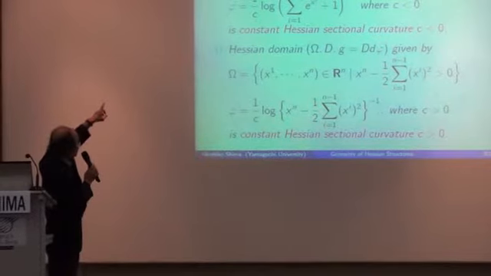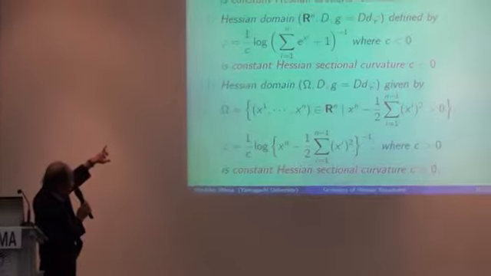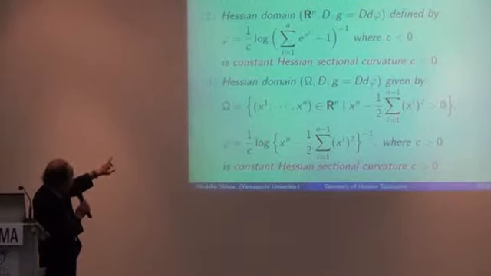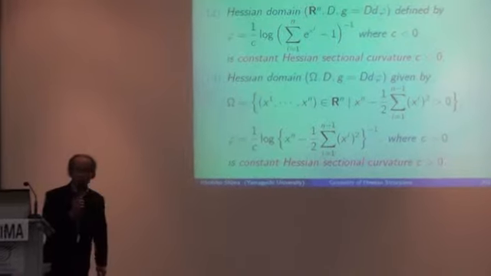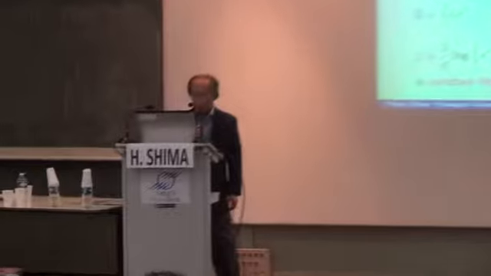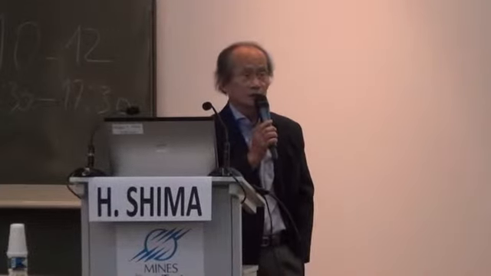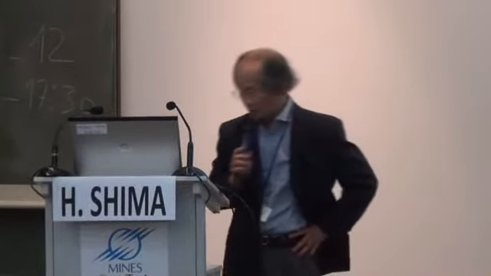Therefore, the second case is connected to the multinomial distribution, and the third case is connected with the normal distribution. Therefore, geometrically, the multinomial distribution and the normal distribution are in opposite situations.